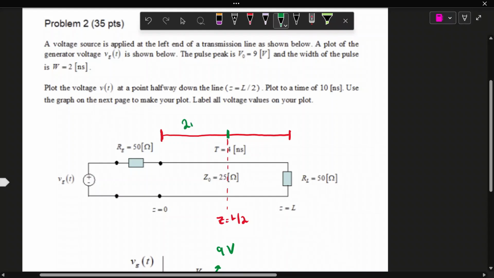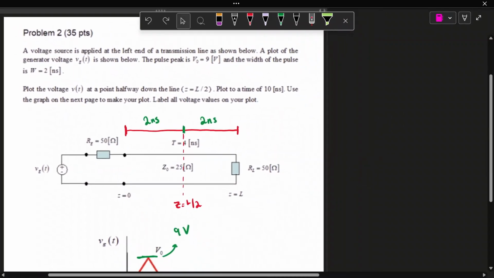Well, that's 2 nanoseconds. So it takes 2 nanoseconds to get from source to L over 2. I hope y'all can see where I'm coming from here. And then it takes another 2 nanoseconds to get to the load from the halfway point.